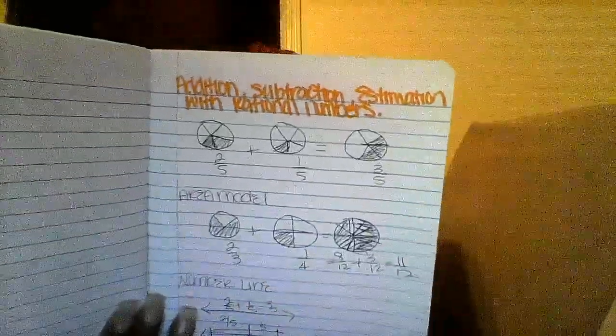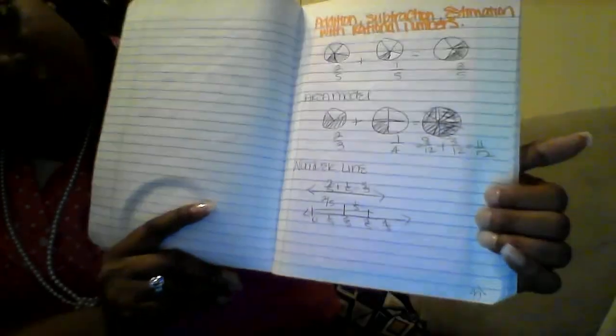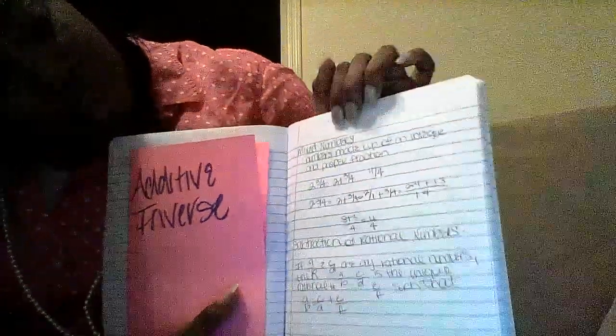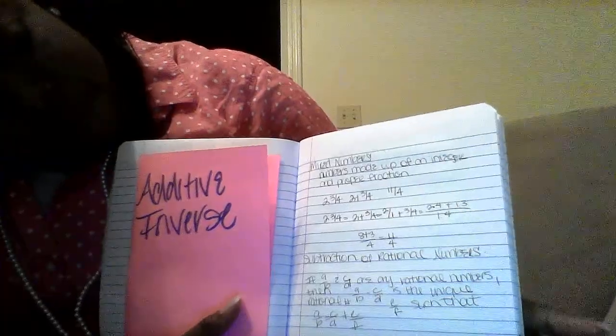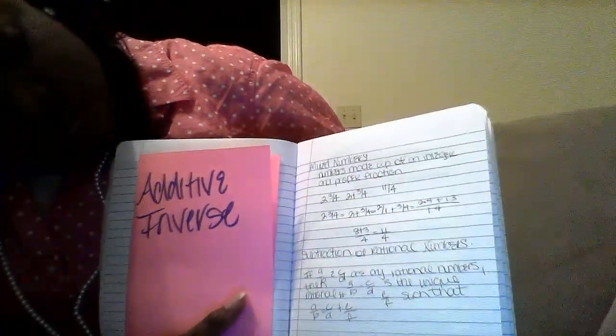Addition and subtraction with rational numbers. Have the area models, and the number line is down here. Additive inverse, an example. Then I have mixed numbers and what they are, and an example, and a subtraction of rational numbers, what it is, and an example.